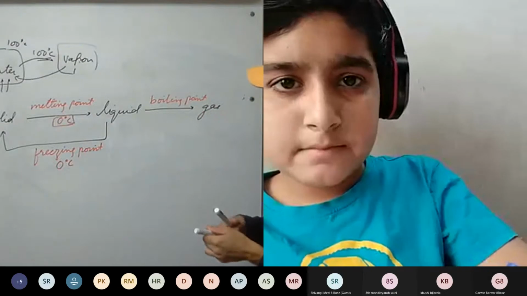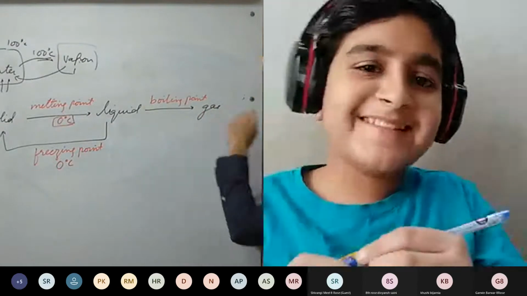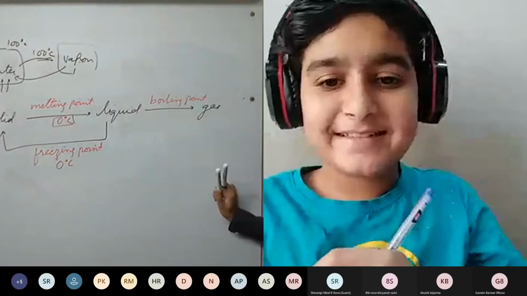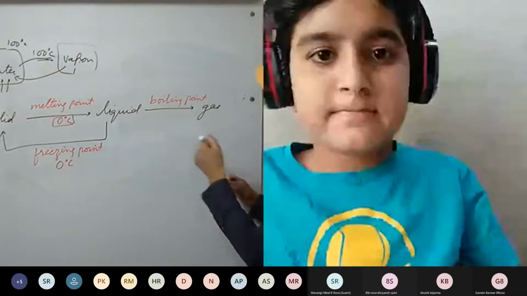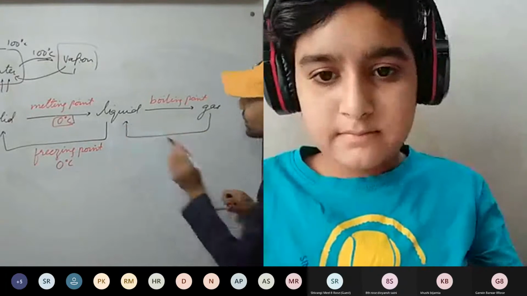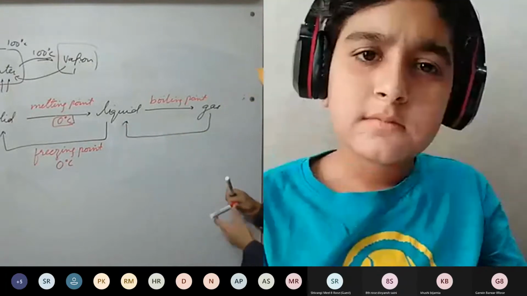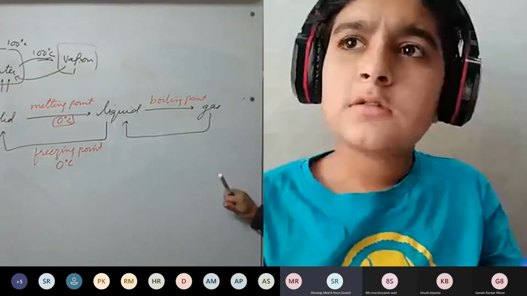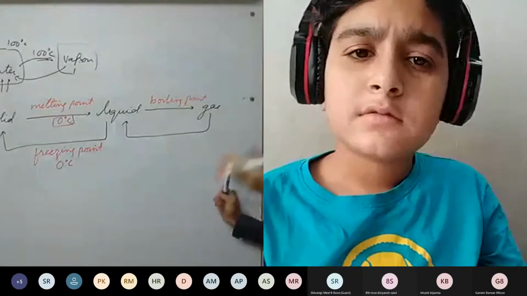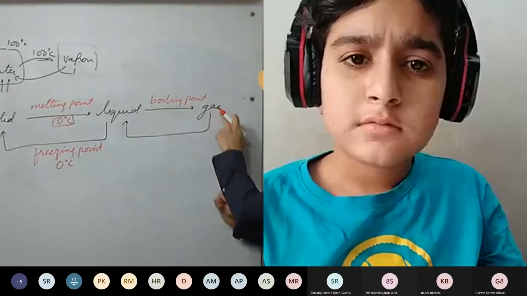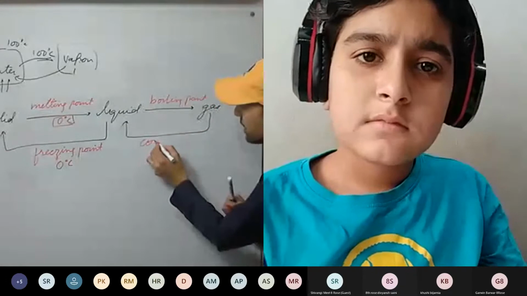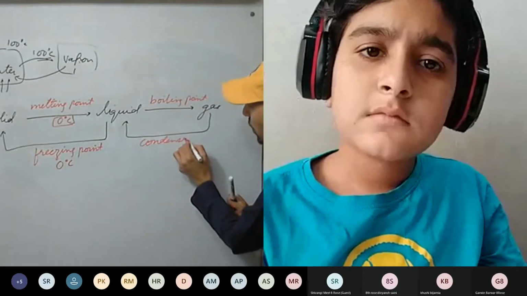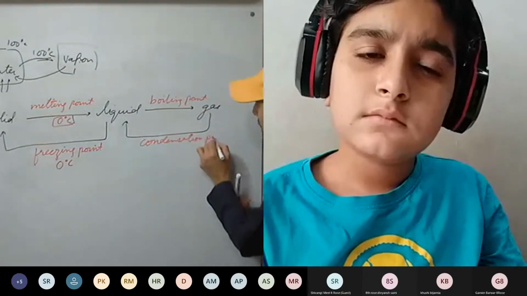It may give heart attacks to someone. So liquid to gas, boiling point. And gas to liquid, which point? It is condensation. The vapor is condensing into liquid. It is condensation point or liquefaction point.